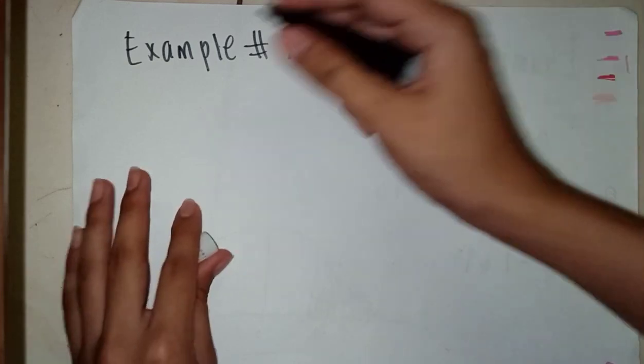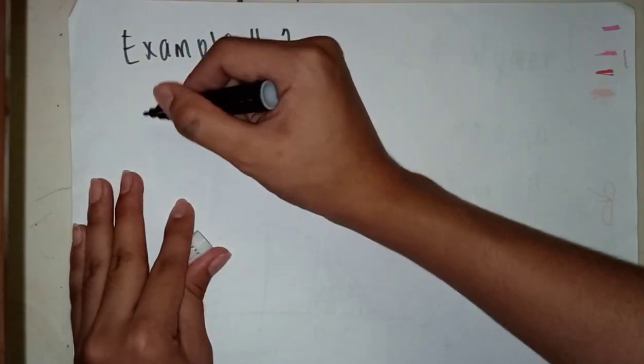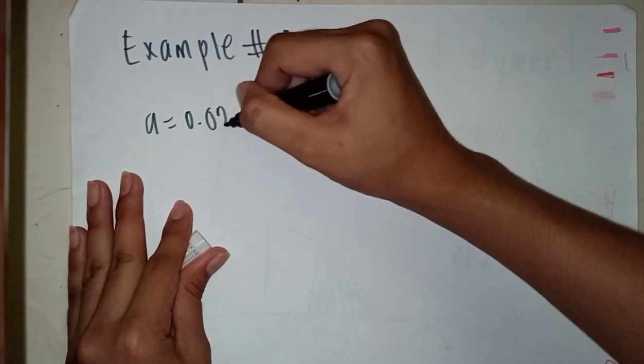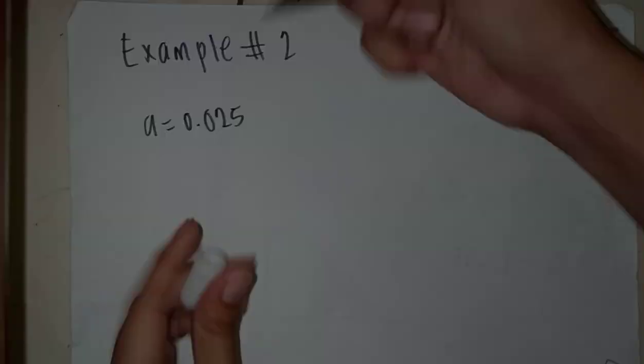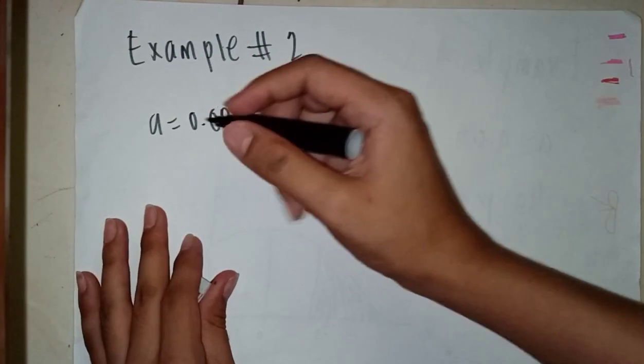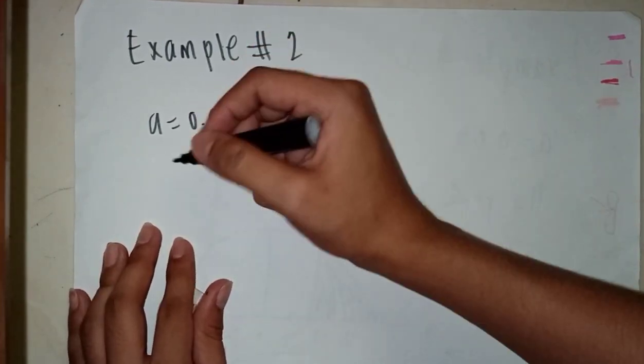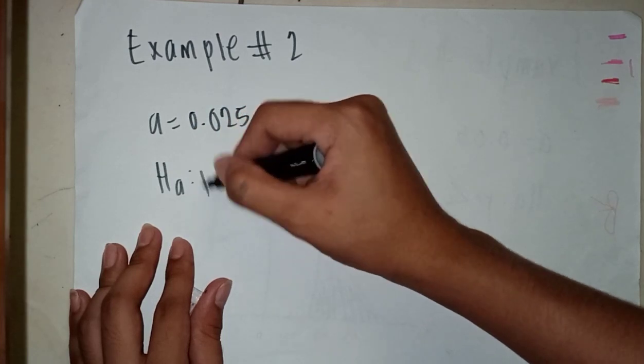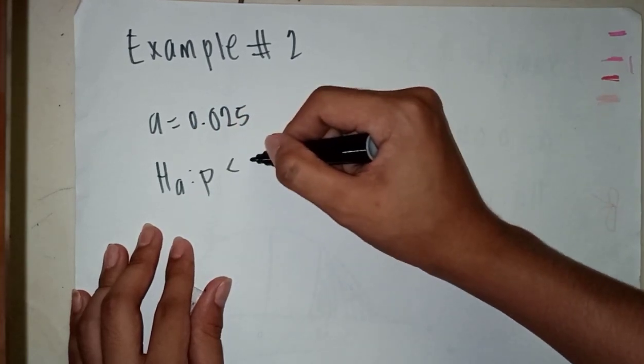The level of significance is given, which is 0.025. The alternative hypothesis is also given, which is H sub A, P less than 0.40.